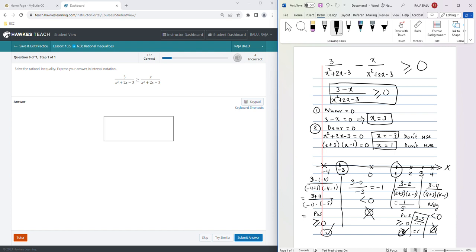So the numerator alone drives the whole thing and it goes to 0. And that is allowed because the greater than or equal to symbol allows that to go through. So we have minus infinity up to minus 3, open interval, and open from 1 up to 3, where 3 is closed. So let us see if the system accepts this as the answer.